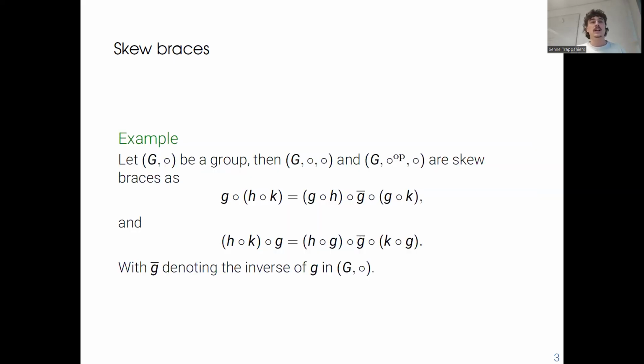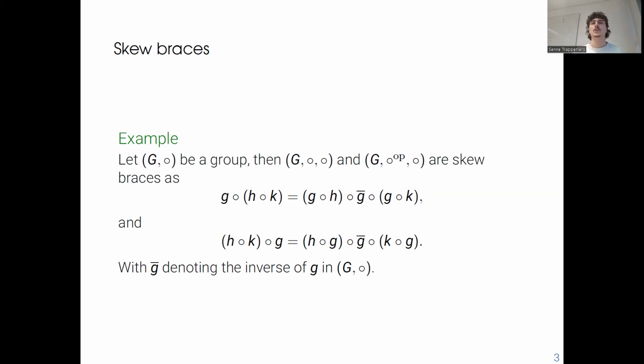We can obtain easy examples by starting from a group (G, ∘). If, as the first operation, we put either exactly the same operation ∘ or the opposite operation, then we obtain skew braces.